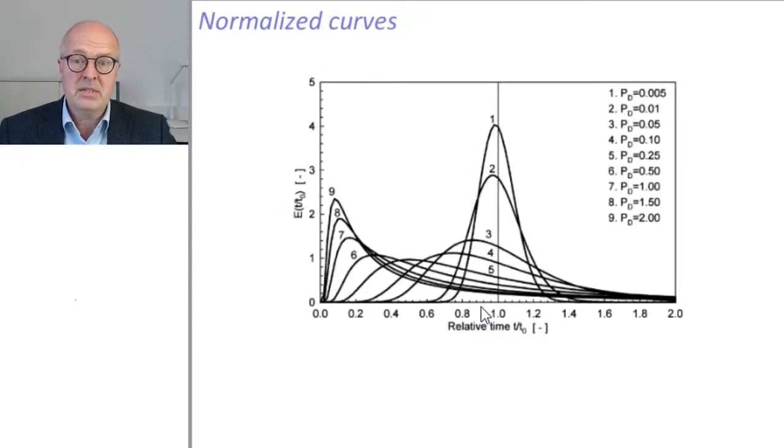Now if we do this and actually rewrite our equation with PD instead of DL, we can actually get a new curve that is independent of scale and velocity.